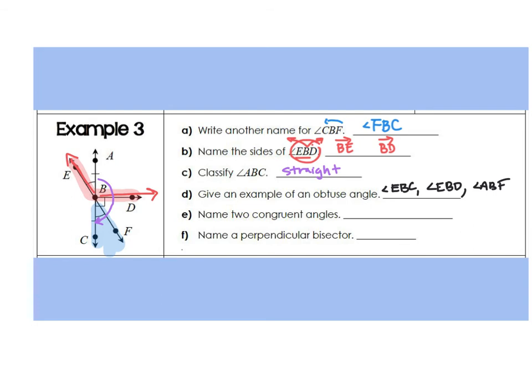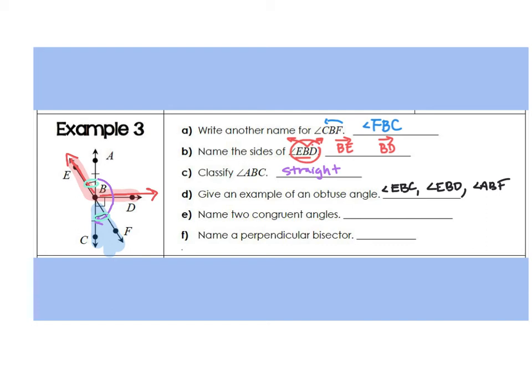Letter E says name two congruent angles. That means two angles that are equal. And this is one thing that I haven't gone over. So very important. Let me use the light blue. You guys notice these symbols here? Notice how they both have that little, well, I'll call it like an arc. Looks like an arc. That's letting you know that they're congruent, that they measure the same. Okay? You don't know what the measure value is, right?